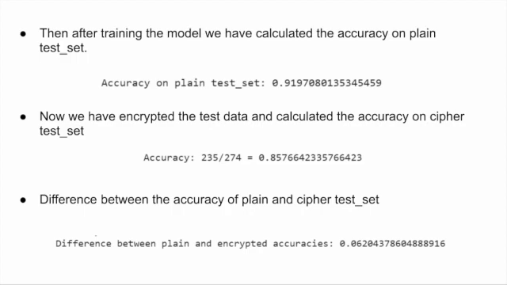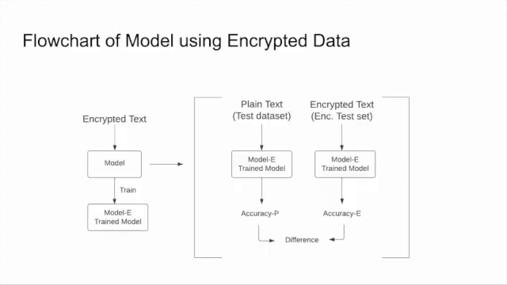After training the model, we calculated the accuracy on plain text, which is 0.91. Then with the encrypted test data, we calculated the accuracy on this test data set. It is around 0.85, and the difference between both is 0.06, which is very low. So we can say that the model also works very well on the encrypted data set.